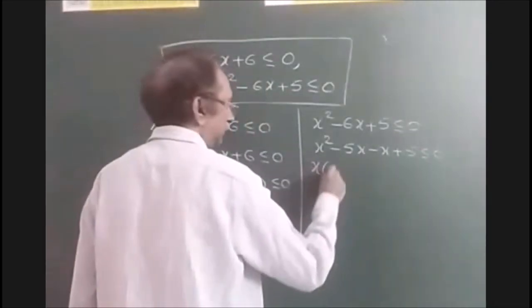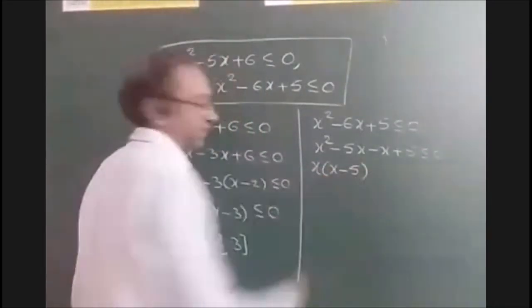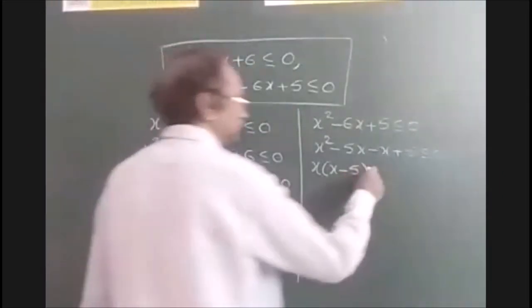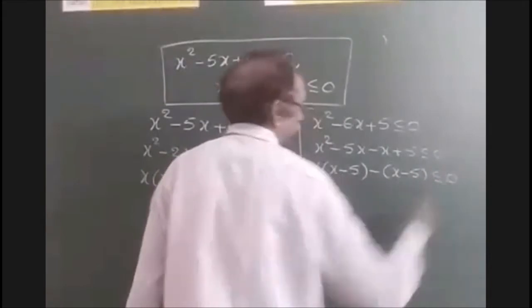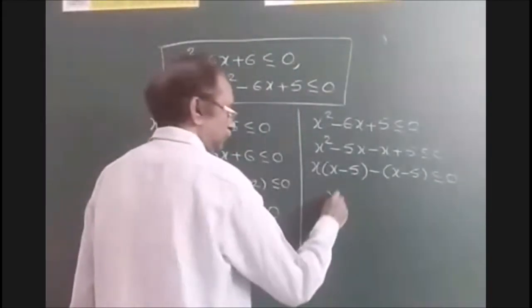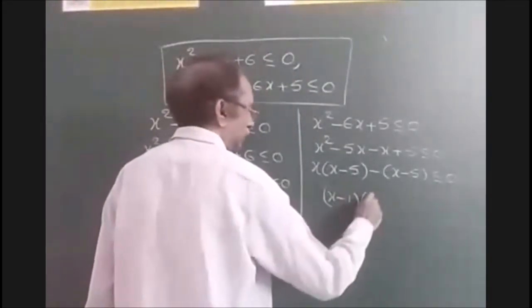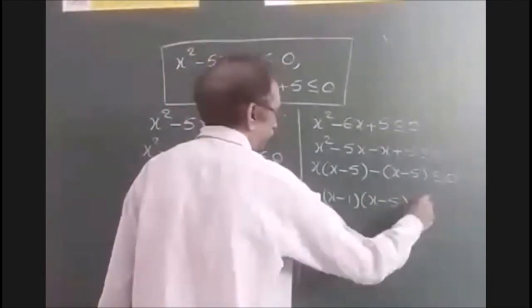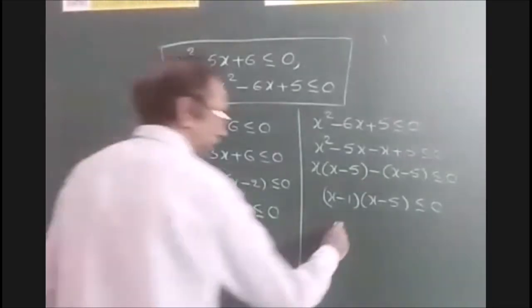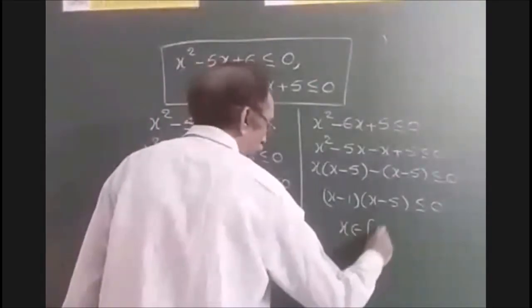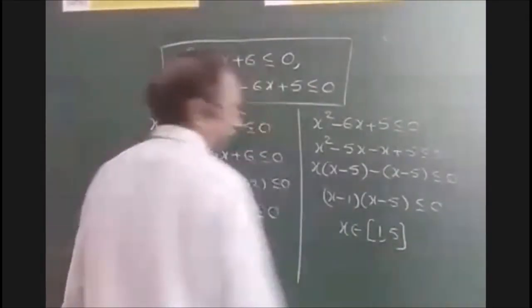This can be written as x into (x minus 5) minus 1 into (x minus 5) less than or equal to 0. So this is (x minus 1) into (x minus 5) less than or equal to 0. Therefore, x belongs to the closed interval 1 comma 5.